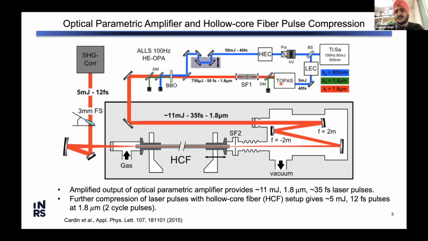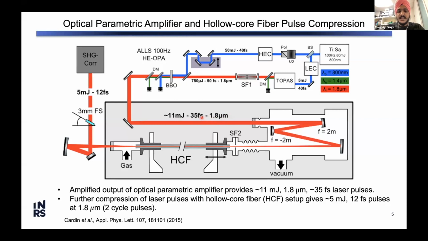And this optical parametric amplifier can provide us tunable laser pulses of wavelength around 1.8 micron. Further, the output of the optical parametric amplifier is amplified using a BBO crystal, and we can have about 10 to 11 millijoules of pulse energy at 1.8 micron with about 35 femtosecond pulse duration.